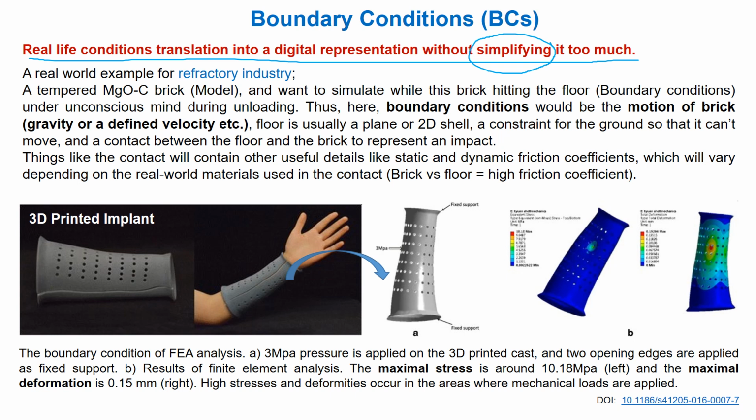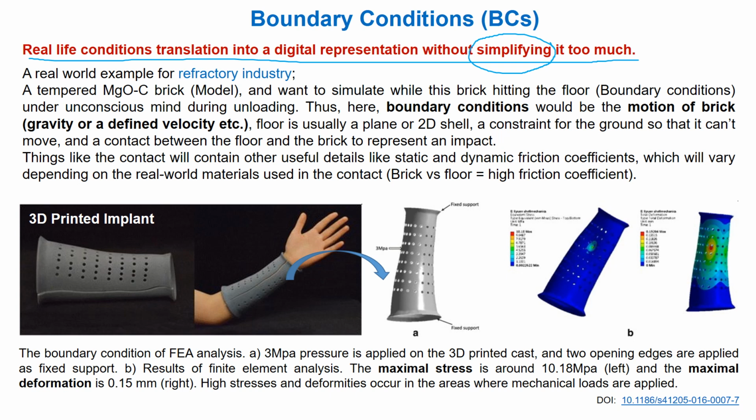Here let us consider one model, a magnesia carbon brick as the model, and if it falls down and hits the surface, how does it fall? What would be the motion of the brick, how is it under gravity or under defined velocity? So this would be the boundary condition, and it will hit the surface.